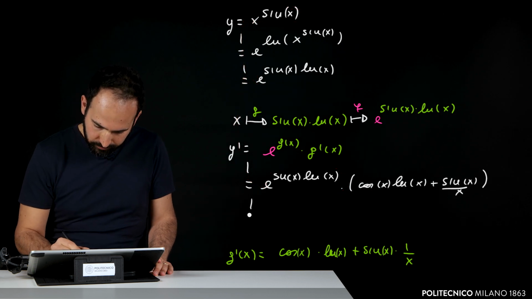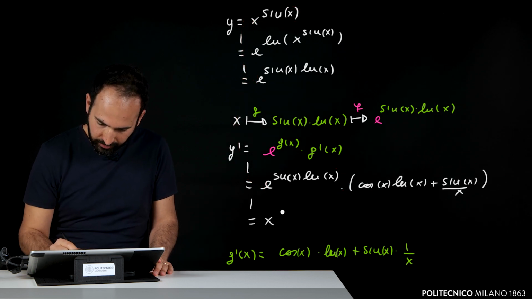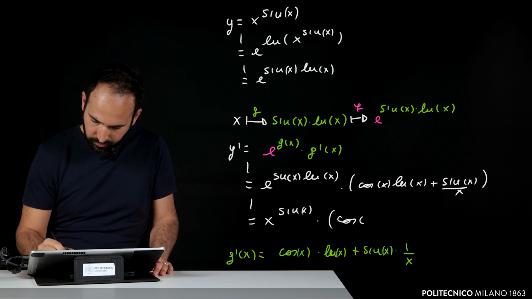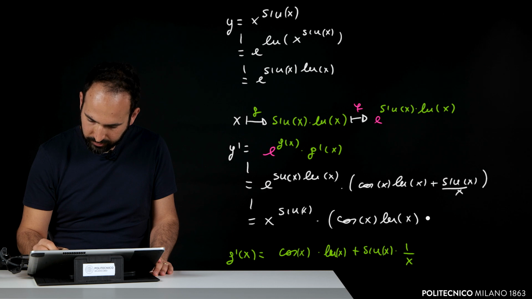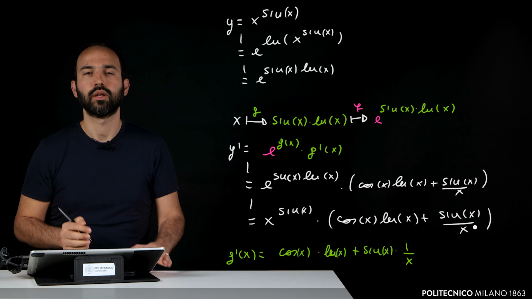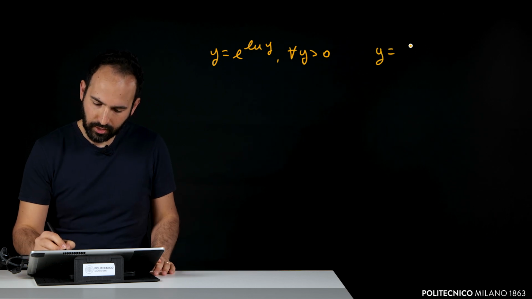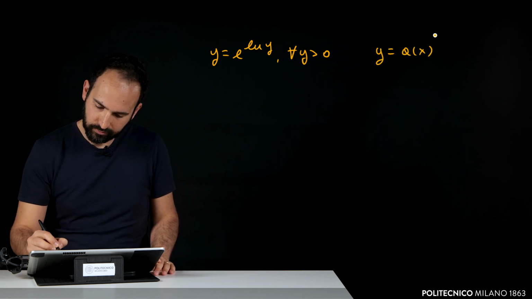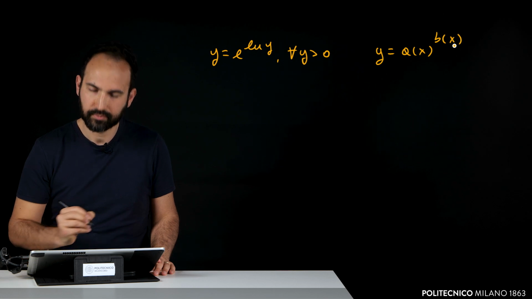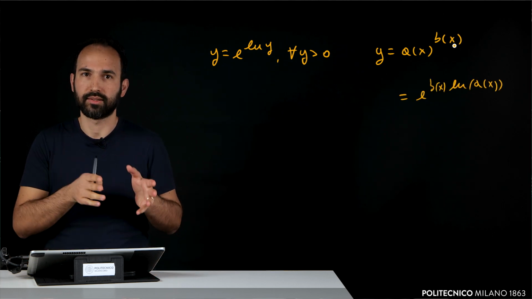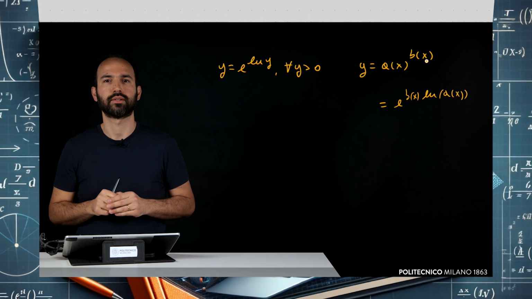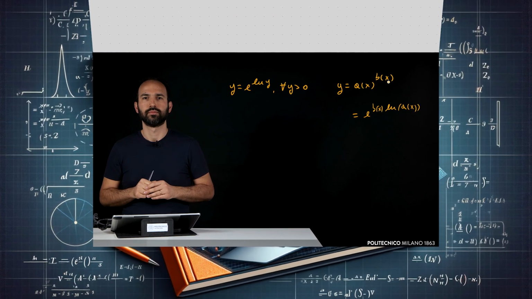We can write the derivative as x to the sine of x times cosine of x logarithm of x plus sine of x divided by x. This is our result. Such a trick can be used with all the functions of the form y equal a of x to b of x, where both the base and the exponent are functions of x.